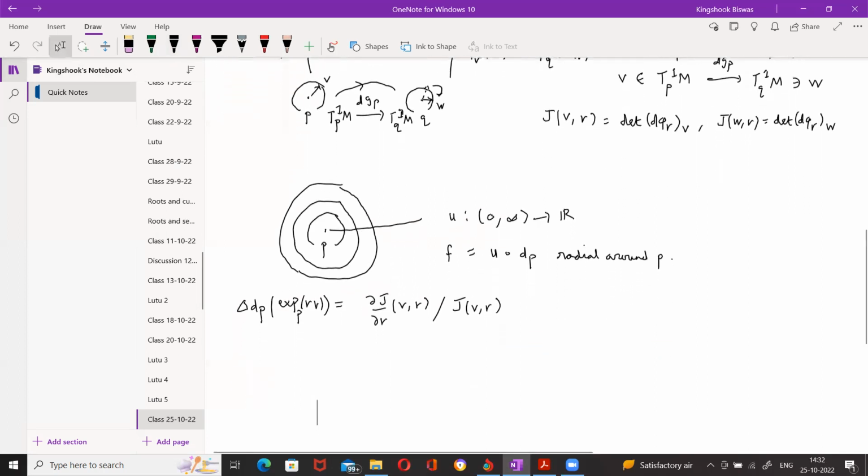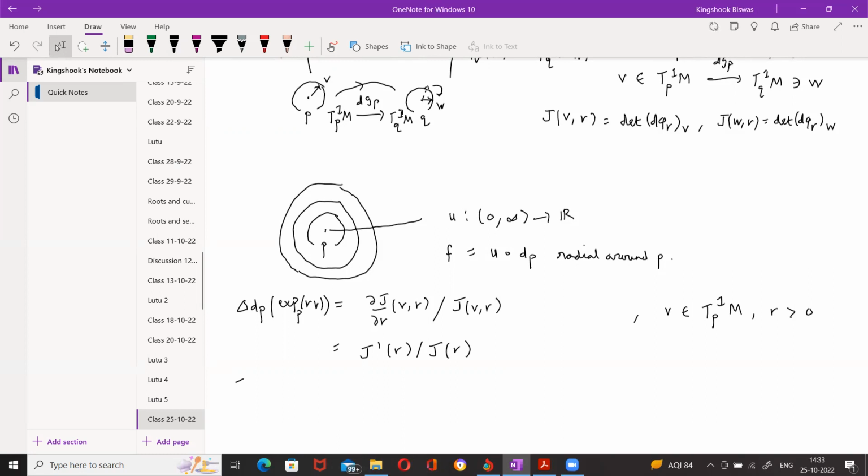Now the point is that this right-hand side, for a harmonic manifold, does not depend on v. Here v is a unit tangent vector at P, and r is positive. So this doesn't depend on v, so this is just J'(r) over J(r). And as v varies over the unit tangent sphere, exp_p(rv) varies over the geodesic sphere of radius r.